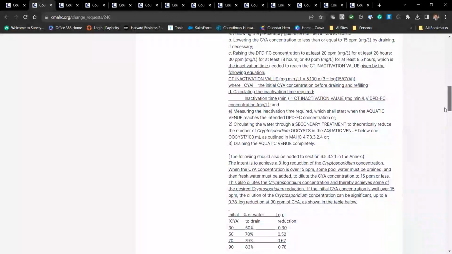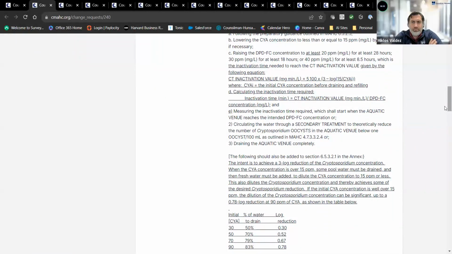Then 1D gives you another formula for inactivation time using this new CT inactivation value, and it came out to be a CT time of 16 hours instead of 28 hours. So it does reduce the required time, and I think that's what it's proposing here.